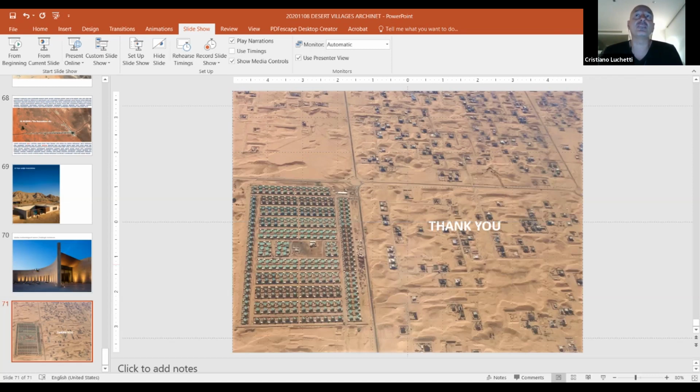I believe that the right path would be to leave the desert alone and work on developing its own identity, because that's where the original culture should be found.